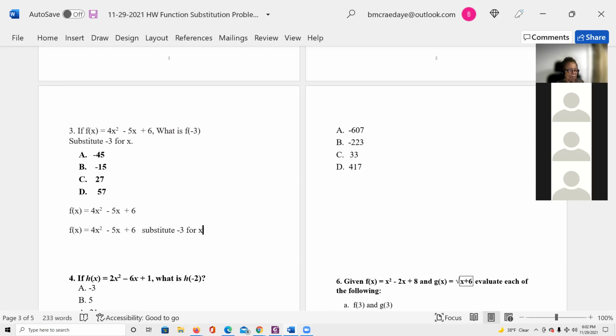So f(x) equals x squared minus 5x plus 6. Audrey, put the minus 3 wherever you see an X.